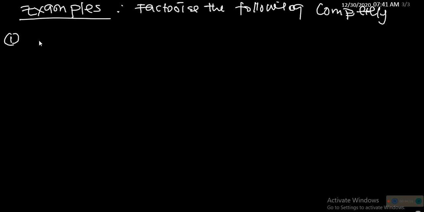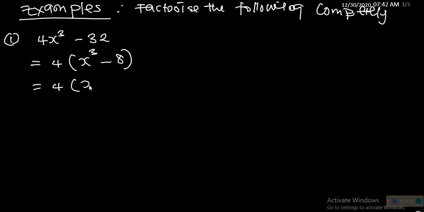So number 1, we are looking at 4x cubed minus 32. So factorizing this, we can take out the common factor. The common factor is 4, into x cubed minus 8, since 4 into 32 is 8. Okay, and 8 can be rewritten as x cubed minus 2 cubed.